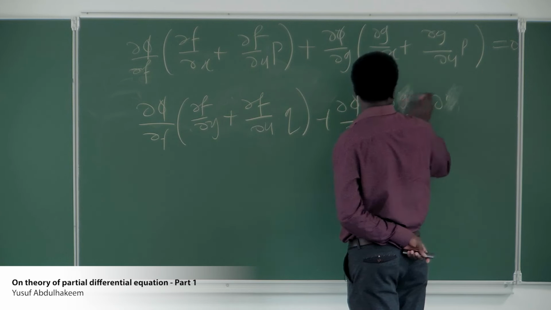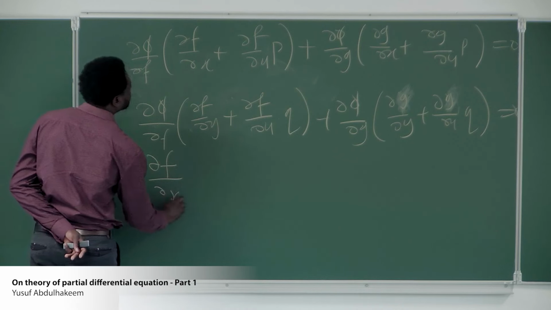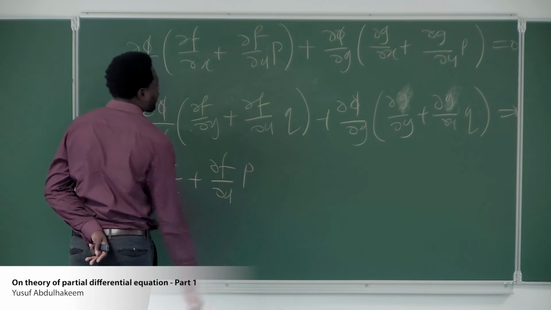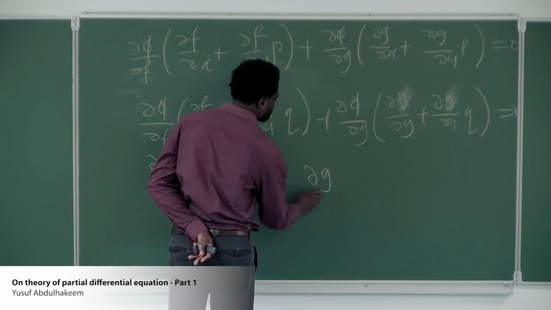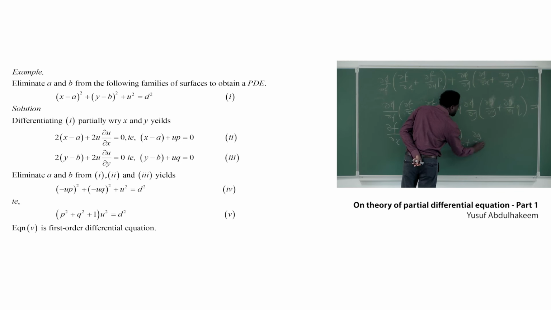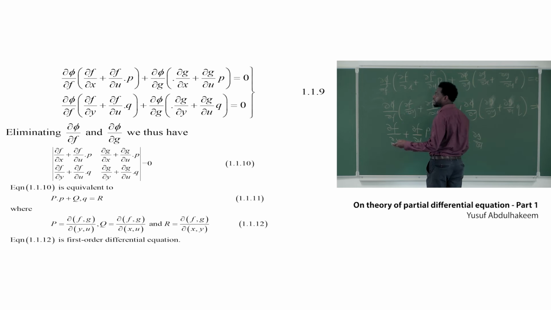So if we are to eliminate this ∂φ/∂f and ∂φ/∂g in this equation, all we just have to do is to transform this into a matrix form. So here now we can say that this is the same thing as ∂f/∂x plus ∂f/∂u, we have p, then we have ∂g/∂x plus ∂g/∂u, then again we have p.